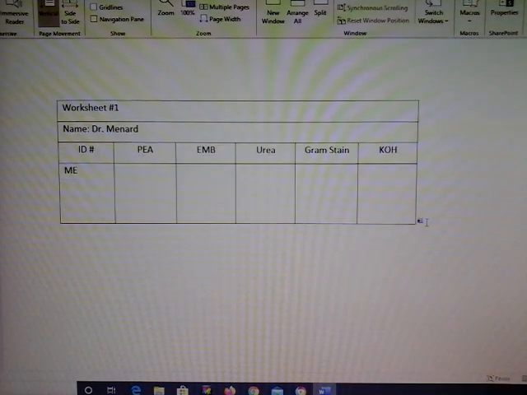So you'll go down to your worksheet. Here's worksheet 1. This is the one that I've got. My ID is me, not you, it's me. So then what I would fill in for this is on the PEA plate, I see good growth. Then for the EMB plate, I would say no growth. When I look at the urea, bright pink.